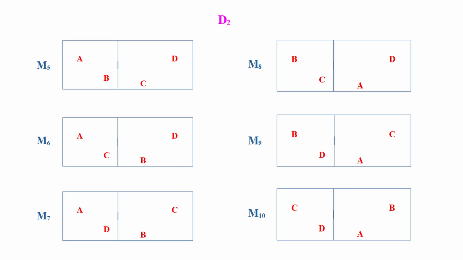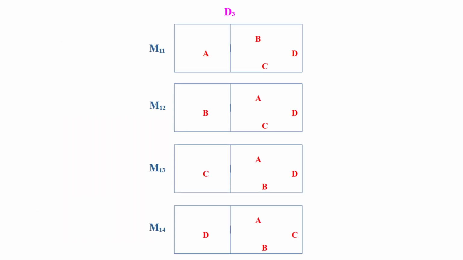Therefore, the number of possible microstates for D2, namely W2, equals 3 plus 2 plus 1, equal to 6. For D3, with 3 particles on the right and 1 on the left, W3 is the same as W1, since it does not matter if that one particle is on the left or on the right when it comes to the number of possible microstates.